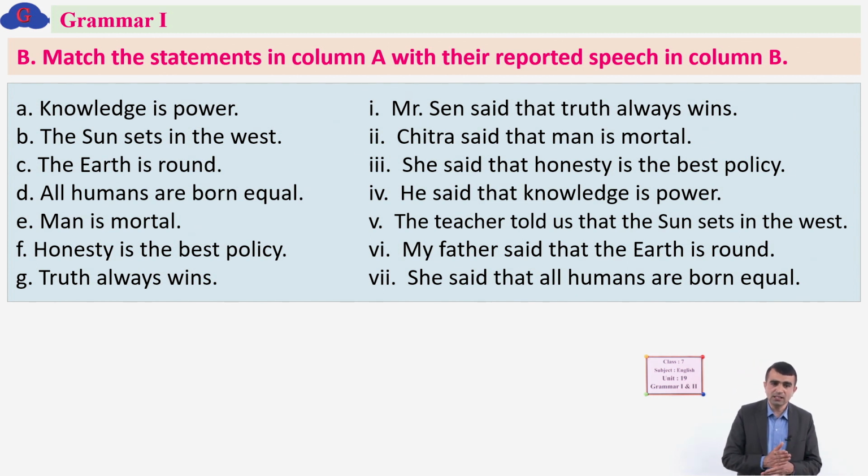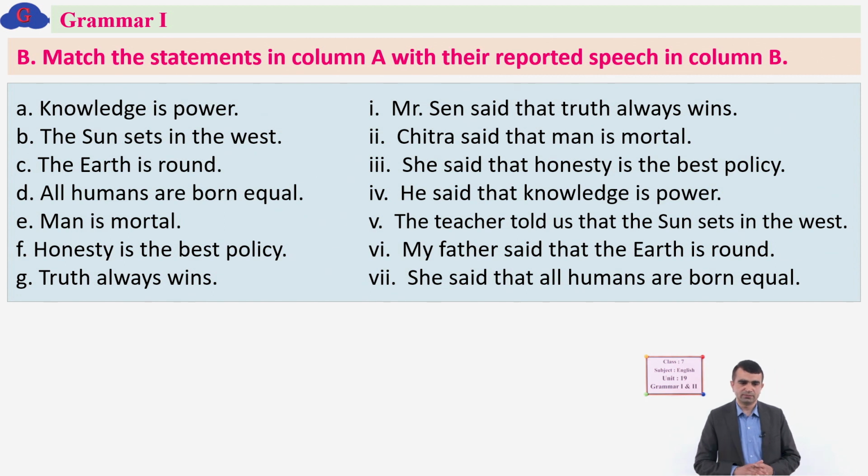B, the sun sets in the west. C, the earth is round. D, all humans are born equal. E, man is mortal. F, honesty is the best policy. And G, truth always wins. These are the statements. They are also facts and truth.